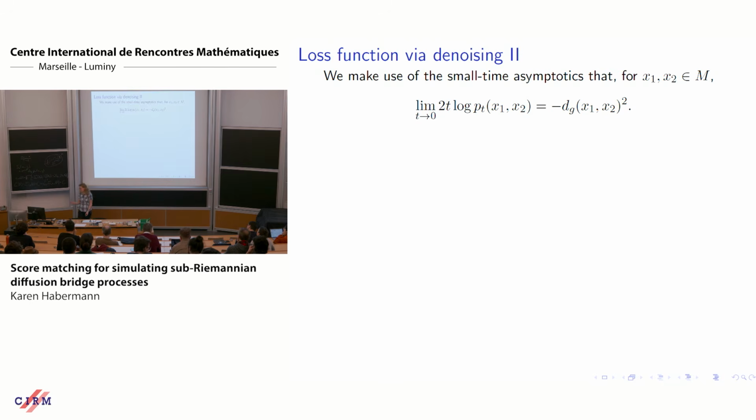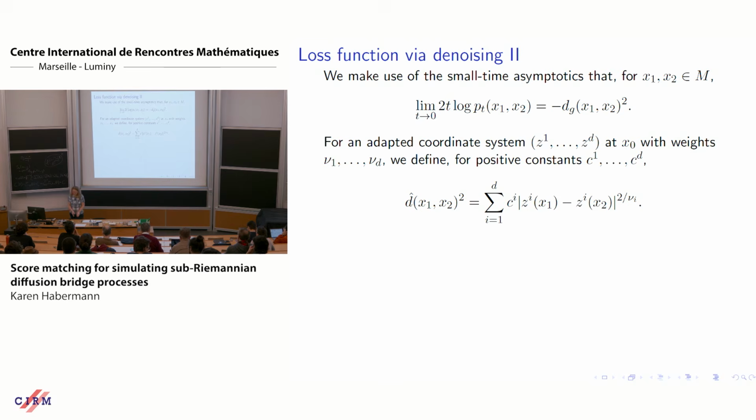One thing you could do is work in adapted coordinates. We care about our point x0, which is our starting point, and then we take adapted coordinates which are centered at x0, which have weights attached to them. For instance, if you work in the first Heisenberg group, your weights are 1, 1, 2.